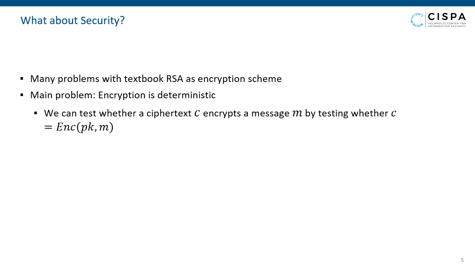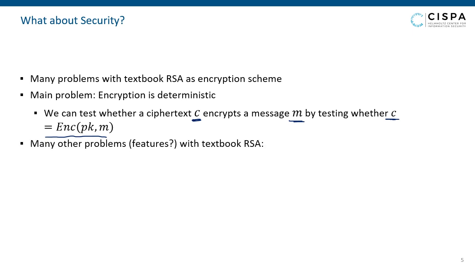Why? Well, if encryption is deterministic, we can test whether a ciphertext C encrypts a certain message M by just testing whether this C is the same as enc pk of M. This is the biggest problem with this textbook RSA construction, but we'll see how this can be fixed in a later lecture.